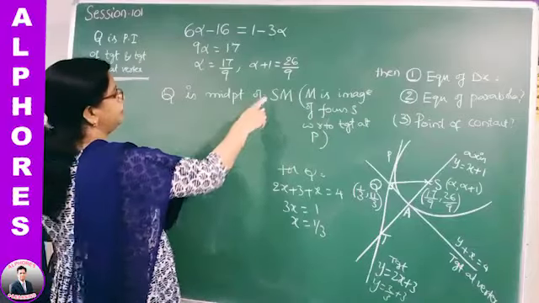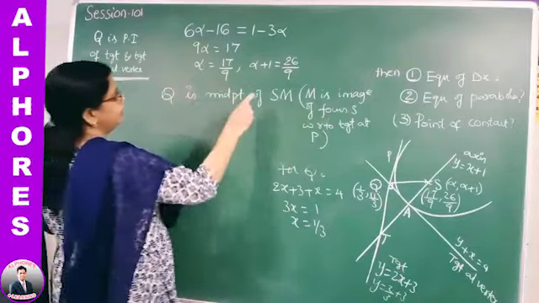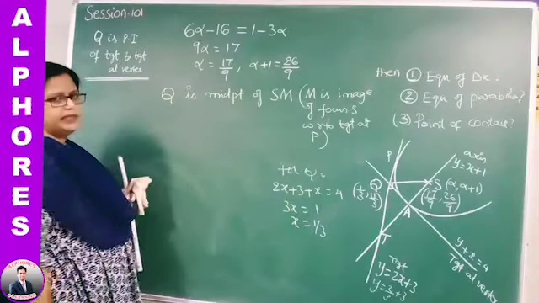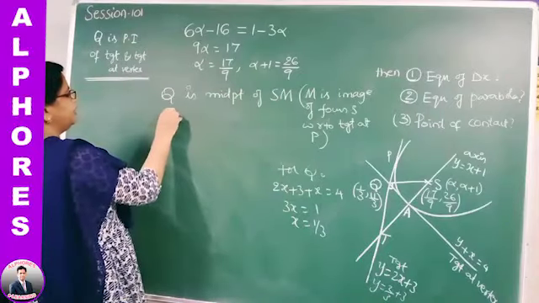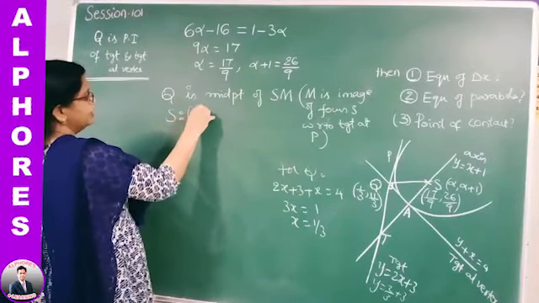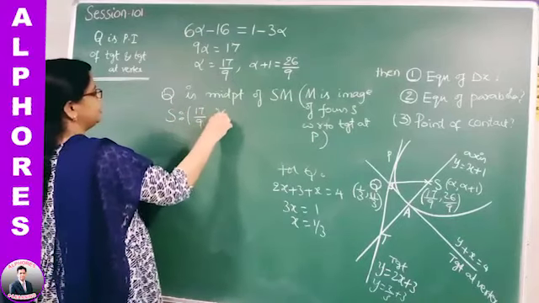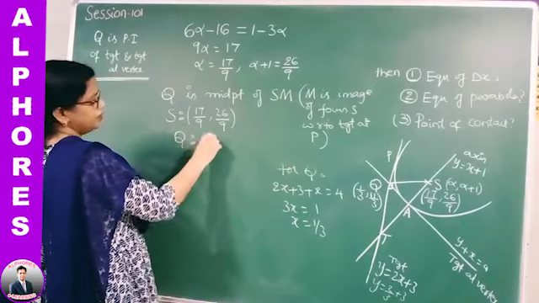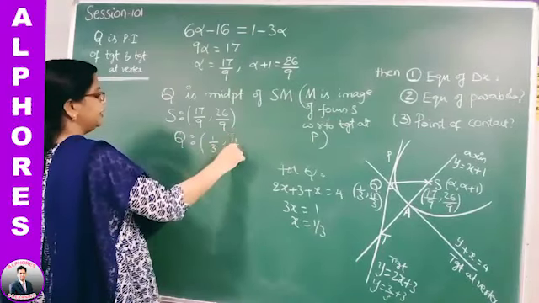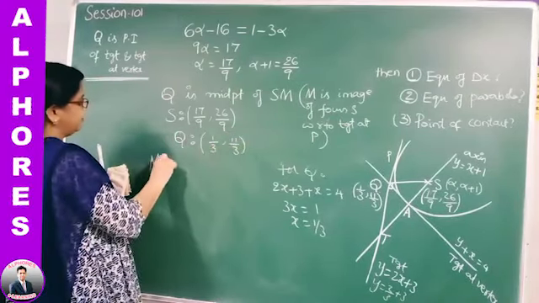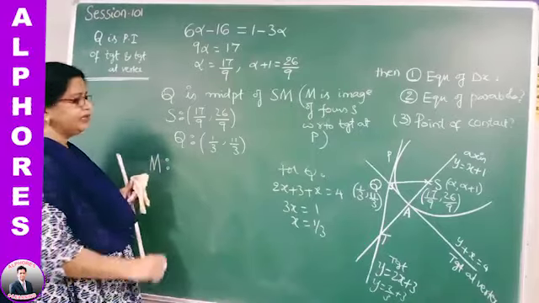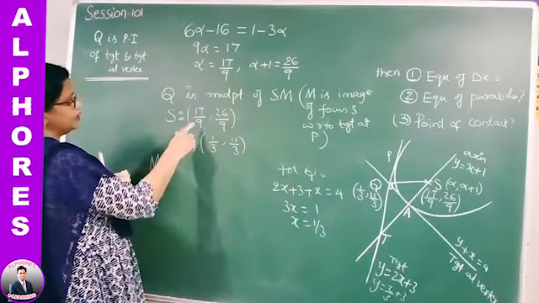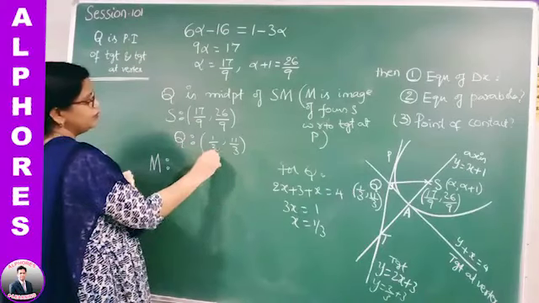Hence now you know the coordinates of S, which we already got, and Q coordinates also you know. Therefore S is 17/9, 26/9, and Q is 1/3, 11/3, and hence we want the M value. M coordinates are nothing but 2 times Q minus S, this being the middle point.